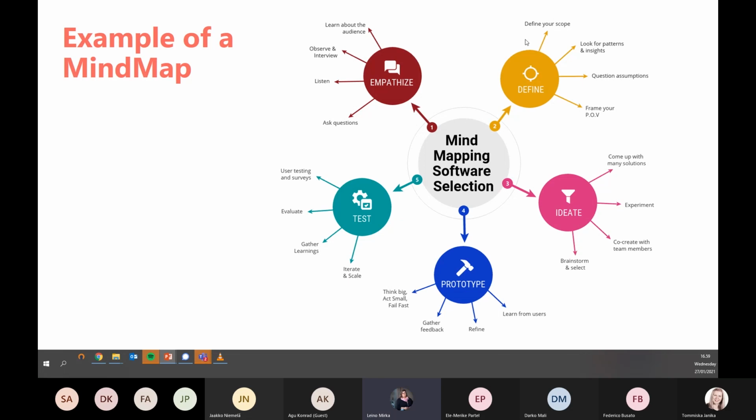It can be like this, but you can use, for example, many free softwares that you can find on the internet, but reflect what you have heard today and also use all the knowledge you have before and make some kind of a mind map and send it to me.